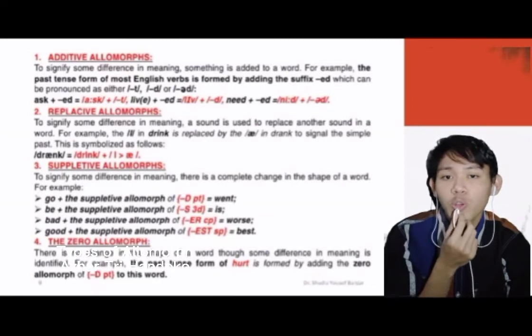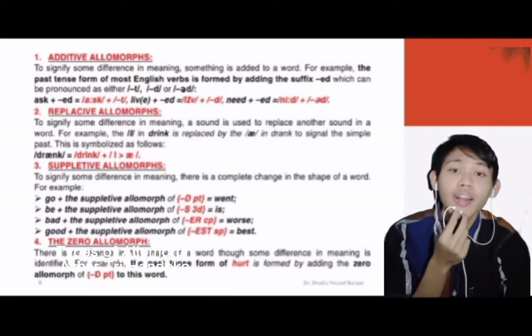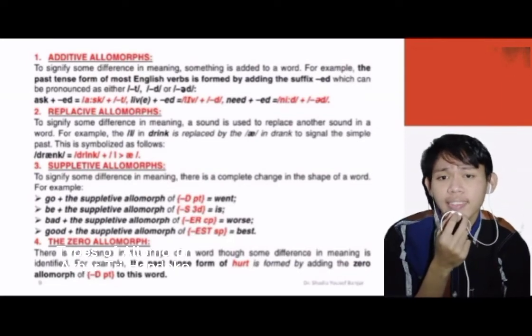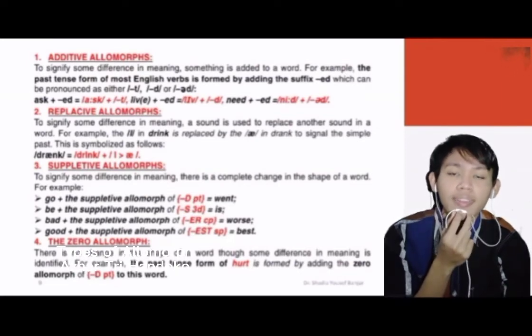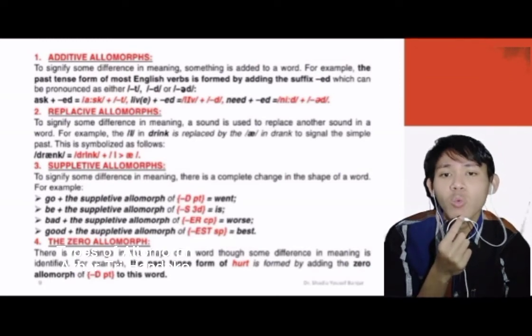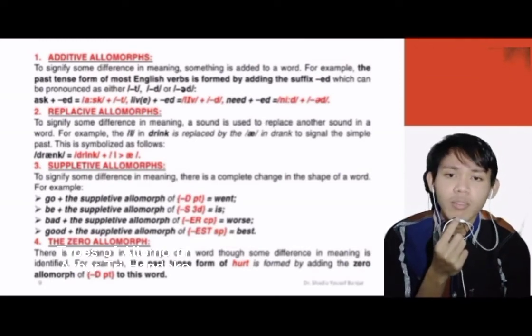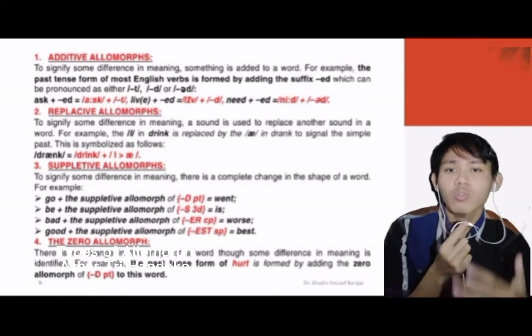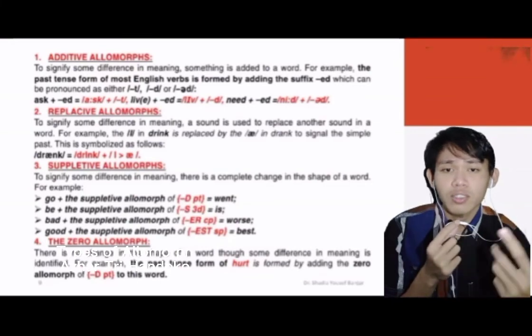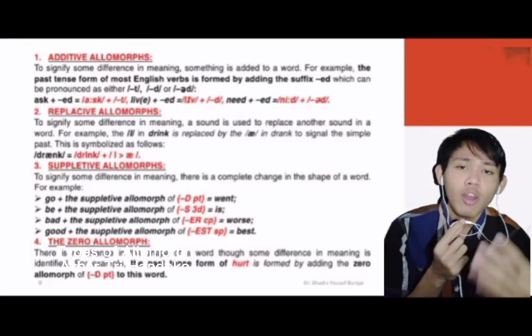Well, I will explain my matter. Number 3, suppletive allomorphs. To signify some difference in meaning, there is a complete change in the shape of a word. For example, go plus the suppletive allomorph of ed is went.